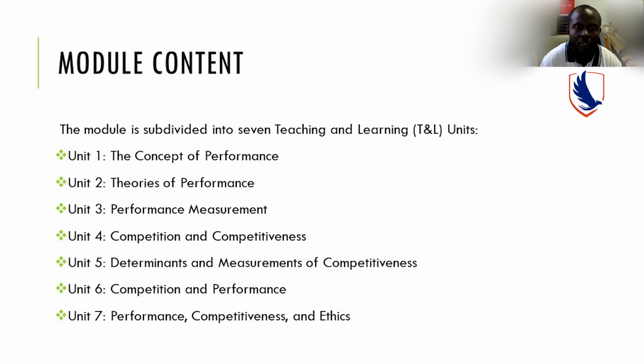Fourth unit is competition and competitiveness. Unit number 5 is on the determinants and measurement of competitiveness. Unit number 6 addresses the relationship between competition and performance. And the last unit ties ethics to performance and competitiveness.